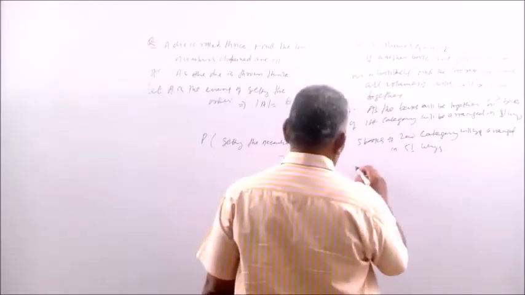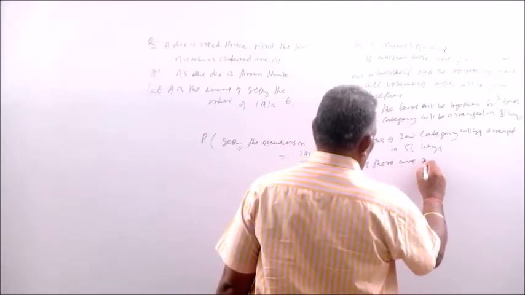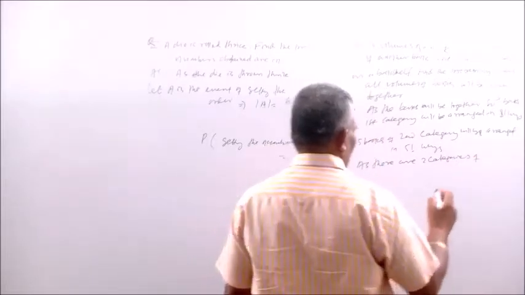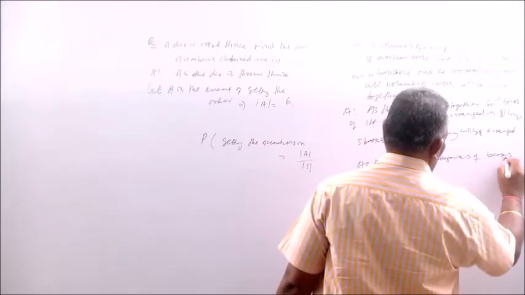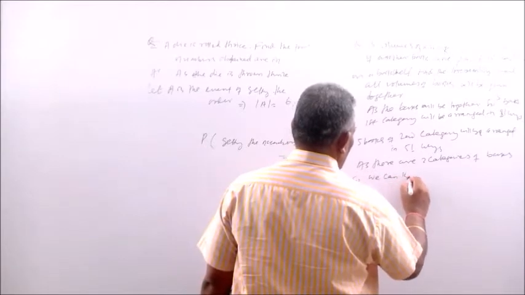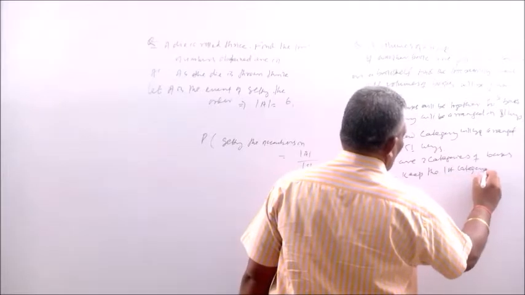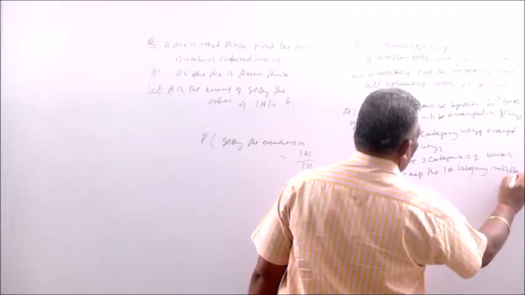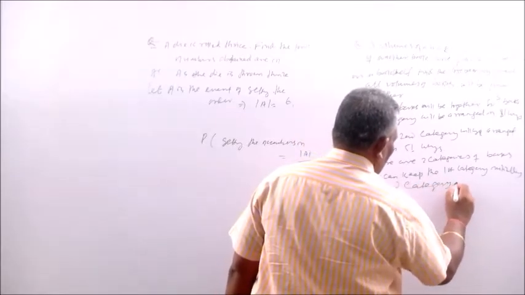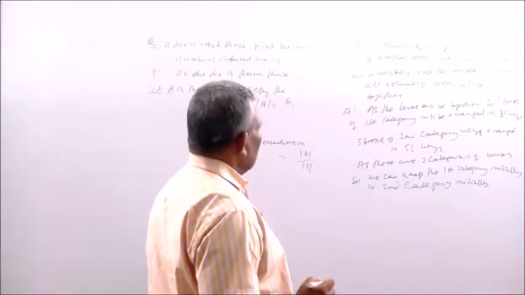So, as there are 2 categories of books, we can keep the first category initially or the second category initially. So there are 2 possibilities.